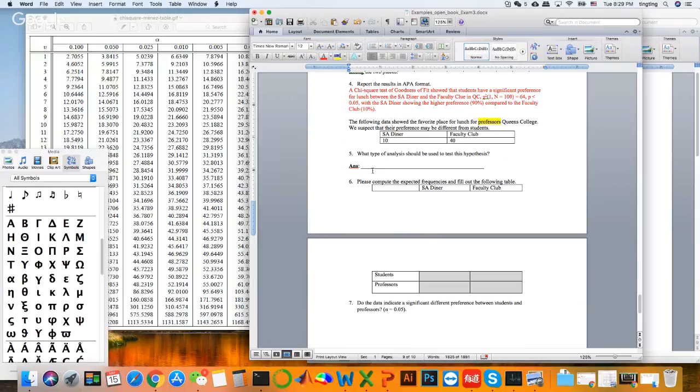Because we have 2 samples and we want to compare the preference between these 2 samples, this one is the chi-square of independence. So you have to make sure you report it's of independence. Cannot just write chi-square.